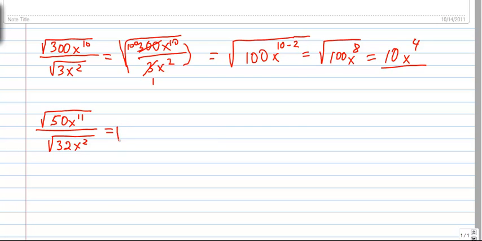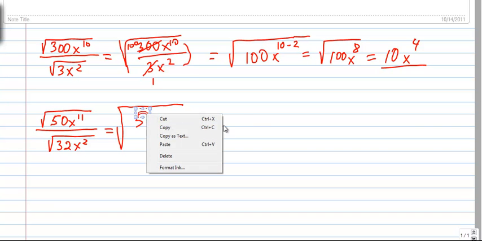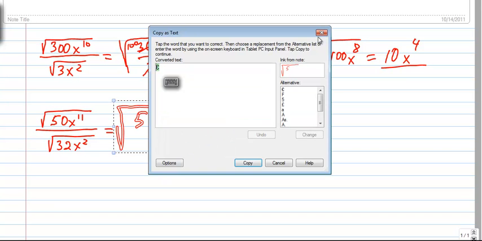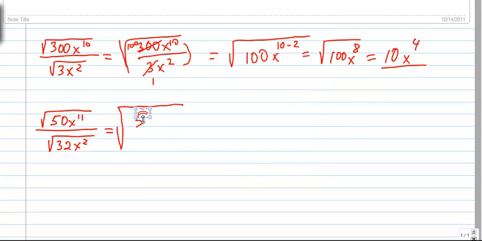So as the first step, we will put this big radical sign and place both 50 x to the 11th and 32 x squared under one radical sign, and we will try to reduce both coefficients by 2. So 16 here, 25 there.